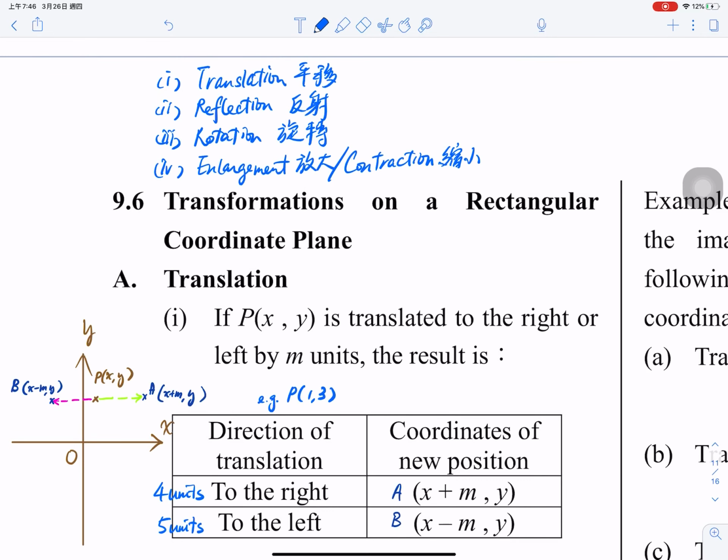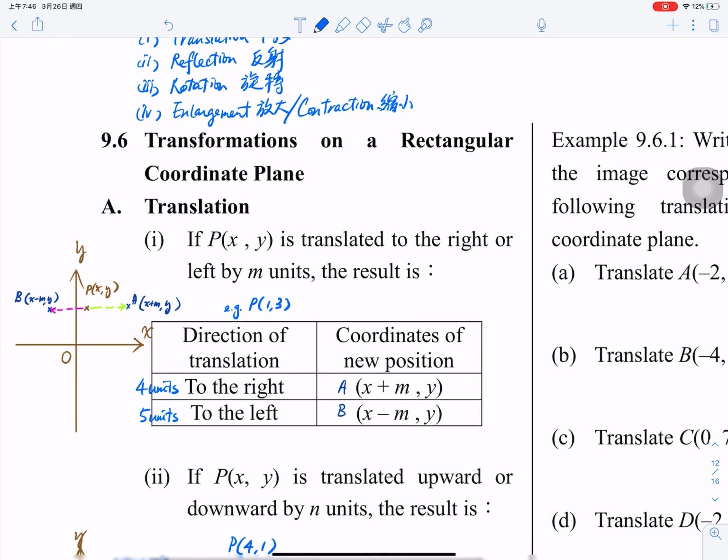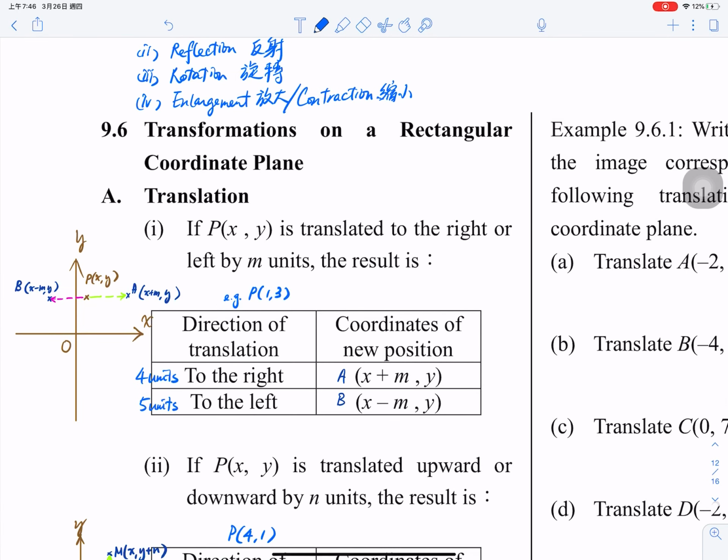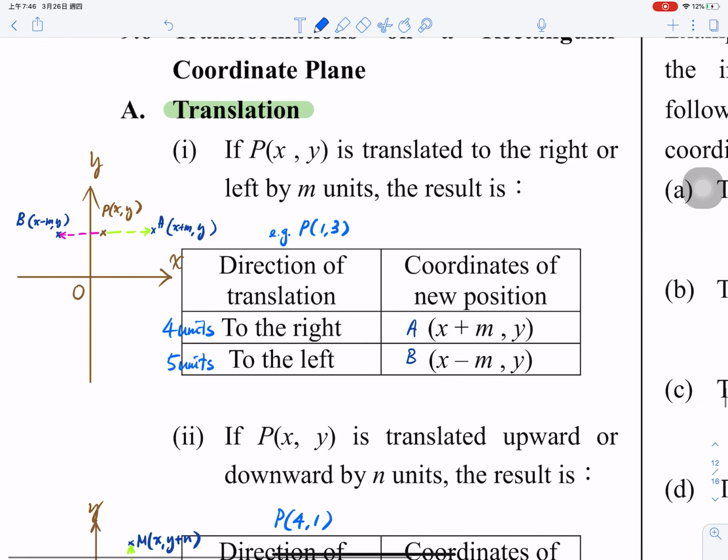So here, on a rectangular coordinate plane, have a look. A, translation. Okay, this is the first one we'll talk about. Translation, do you remember? One is right or left, and the other one is upward or downward, right? 2 kinds in translation.